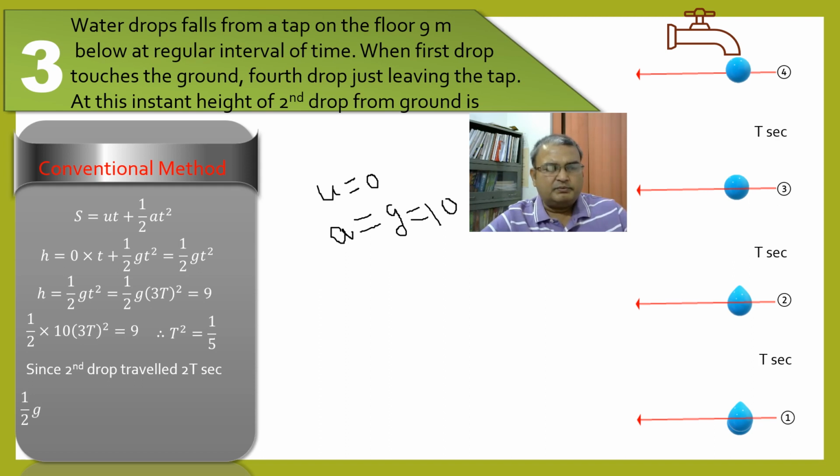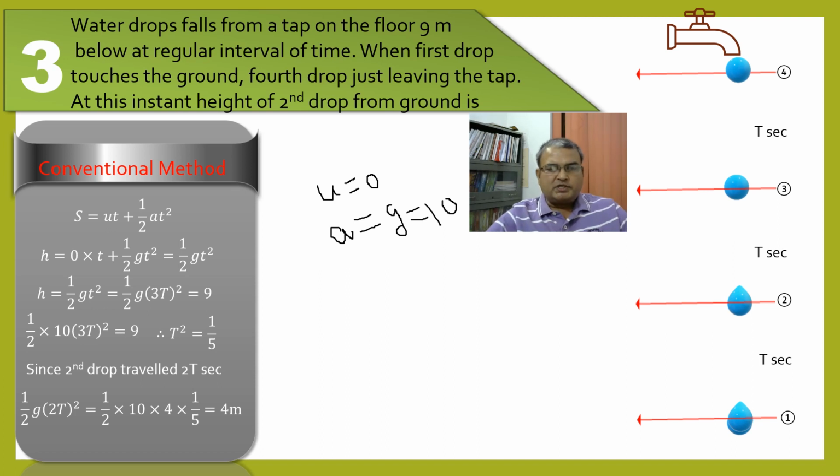Half multiplied by g multiplied by 2t whole square equal to half g, that is 10, multiplied by 2 square is 4, multiplied by t square, value of the t square we already found, 1 by 5. 5 to the 10, 10, 10 cancel out, what we are getting is 4 meter.